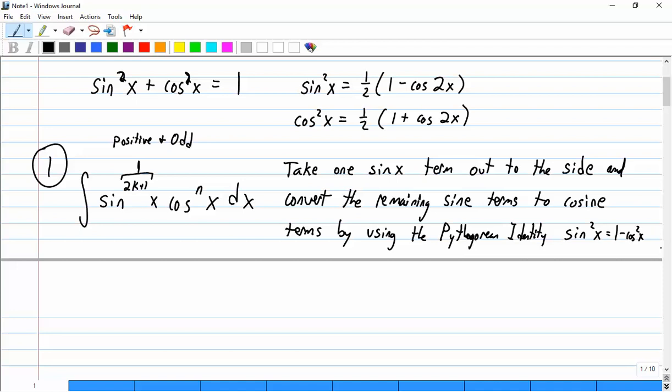If you take one number away from an odd number, it becomes even. So that's why we're able to change it over to cosine. Okay? So what's going to happen when you take the sine term and move it over? Instead of having an odd number as a power, you're going to have an even number as a power.